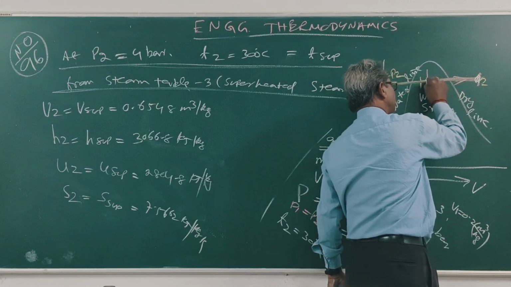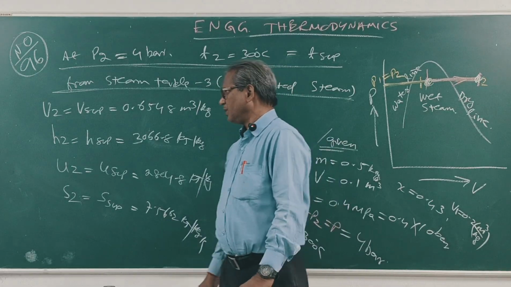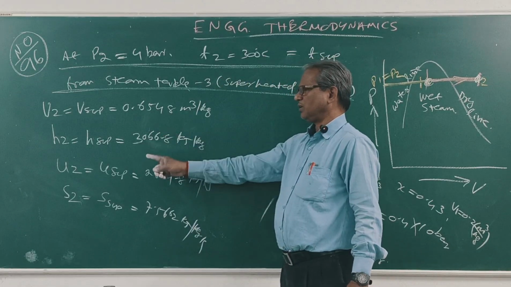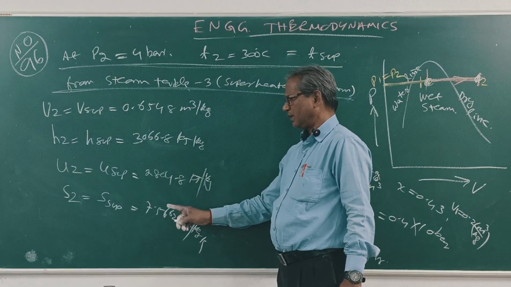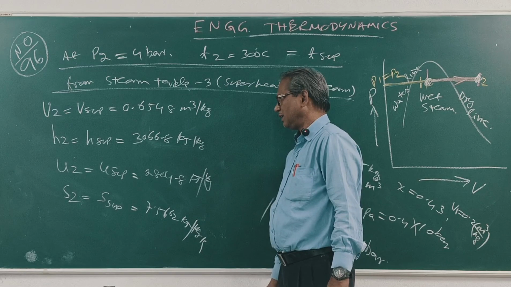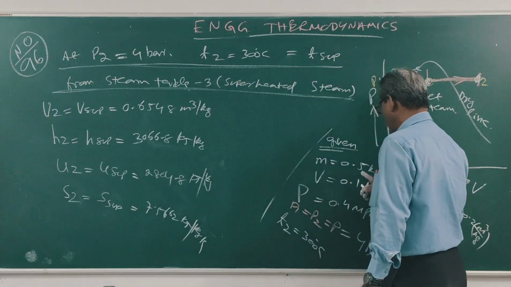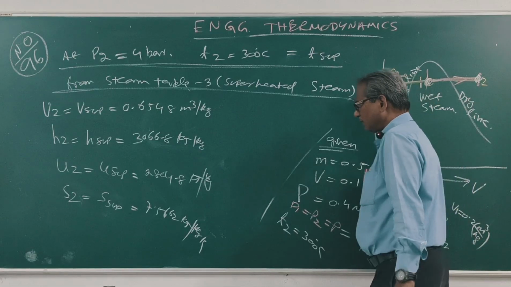One condition wet, two condition superheated. Now this is V2, H2, U2, S2 superheated. Now, the mass of the steam is 0.5 kg. Clear? Now, find all the values.